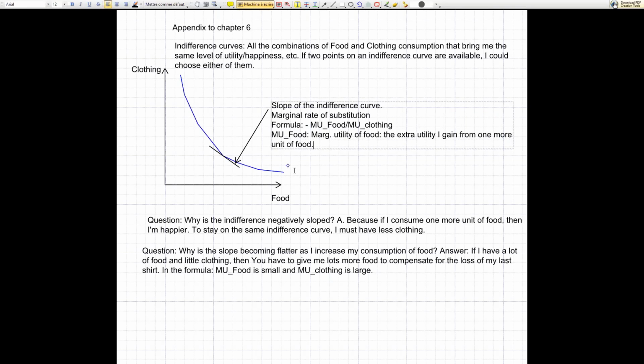And so if I'm there, since at some point I'm not hungry anymore, this extra utility I gain from one extra unit of food is small. So that's what it means.